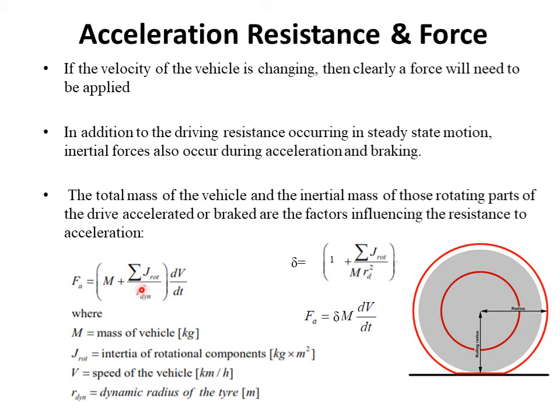And what is this r dynamic? This r dynamic is actually the rolling radius. What happens is that when a vehicle, a tire or a wheel is made to roll on the ground, there will be a small change in its actual radius.